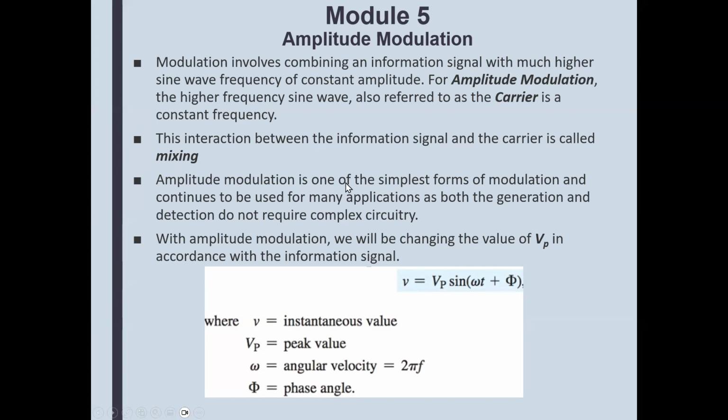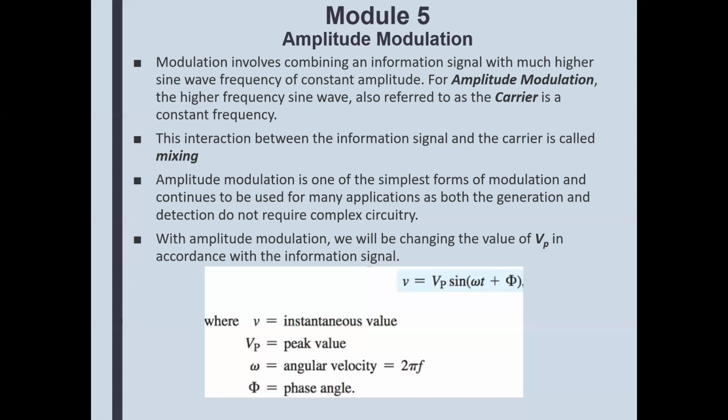Amplitude modulation is one of the simplest forms of modulation and continues to be used for many applications, as both generation and detection do not require complex circuitry. So it's a simple thing. Now there are some trade-offs for that. With amplitude, for example, interference.